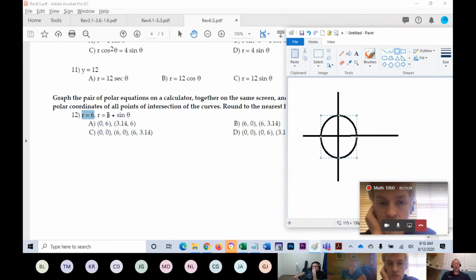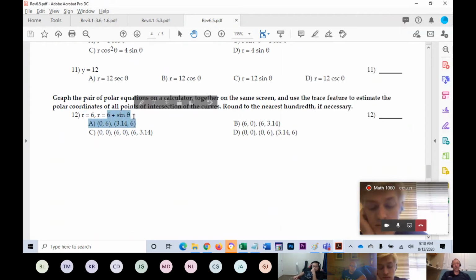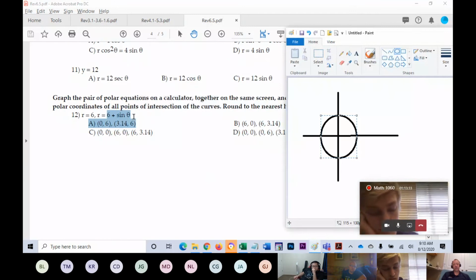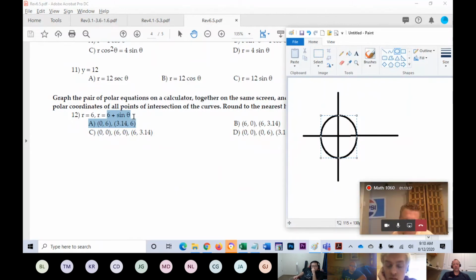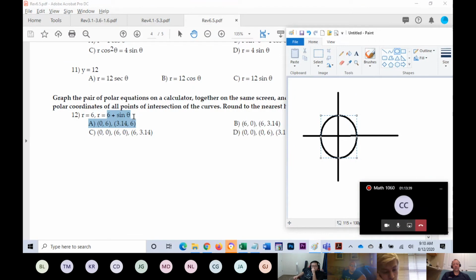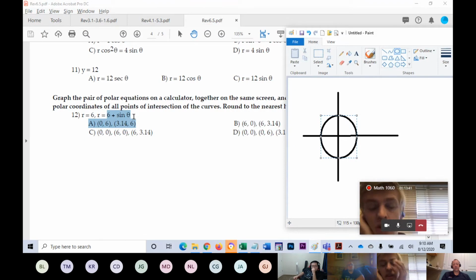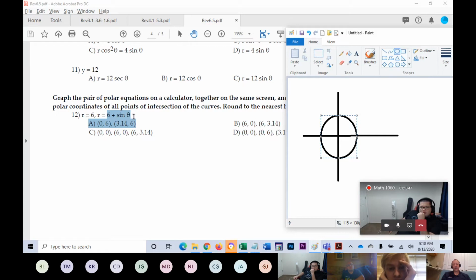Now, this is 6 plus sine theta. What does that look like? That looks like a dimple. It would have a dimple on it, right? Right. A limacon. Yeah, limacon.